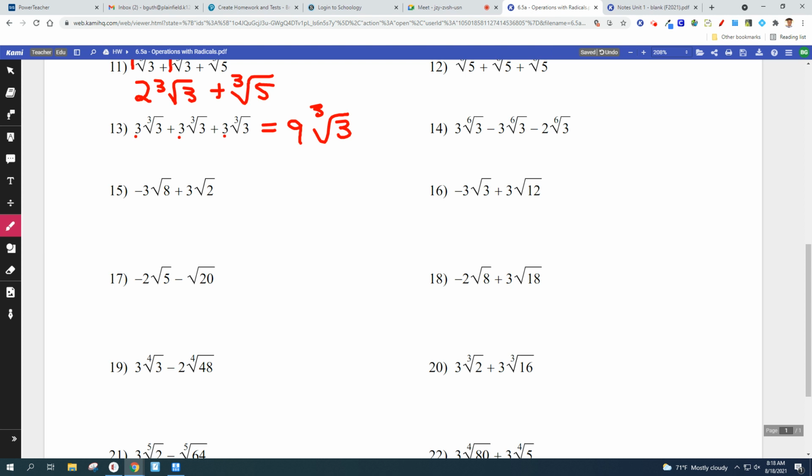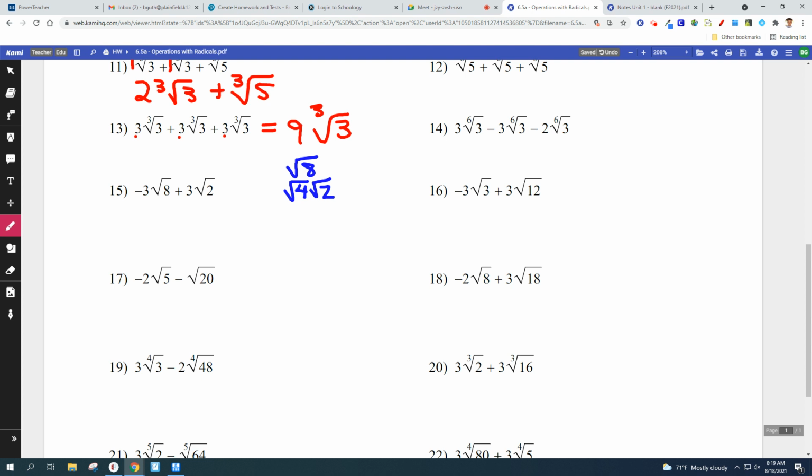Now, number 15. Number 15 is the hardest one so far. They don't look like terms, and they're not yet. But square root of 8, you may recall from yesterday or the day before, we can break that down. Square root of 8 has a square root of 4 inside of it.